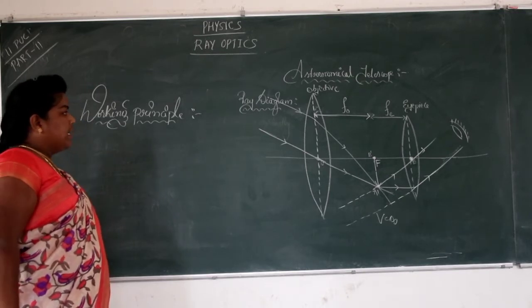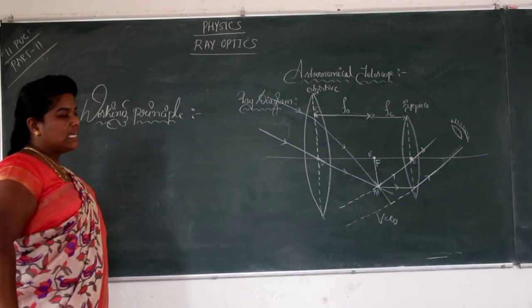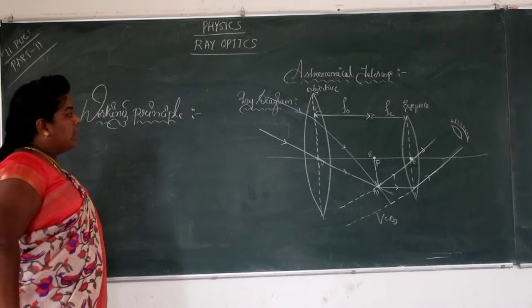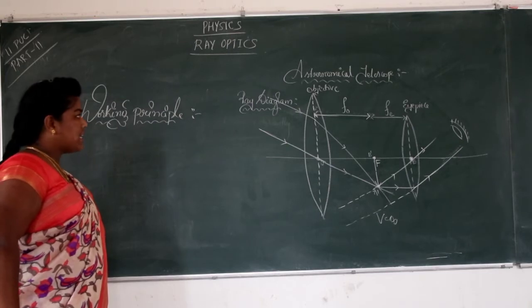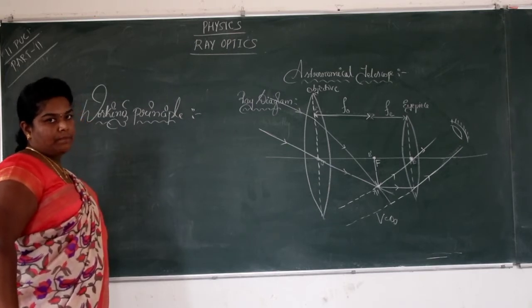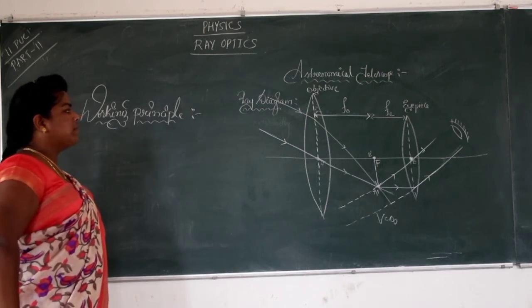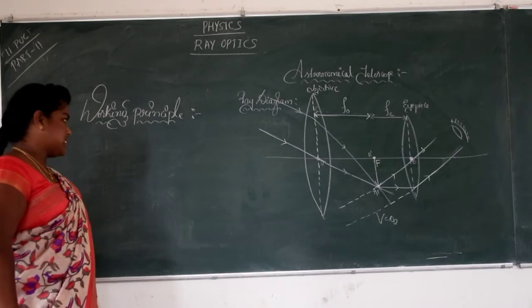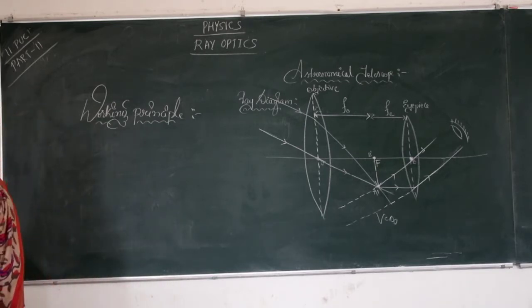Full stop. Next line, the distance between the objective and the eyepiece is arranged in such a way that the object is exactly at the principal focus of the eyepiece. Last one, the final image is formed at infinity. Yes. So this is the working principle of an astronomical telescope.